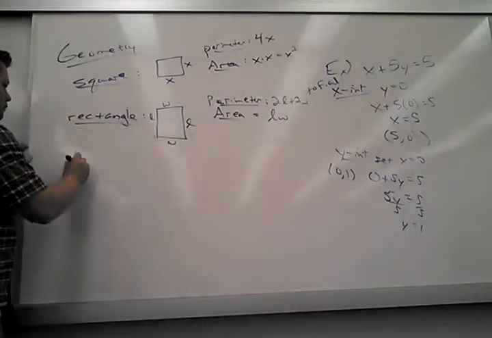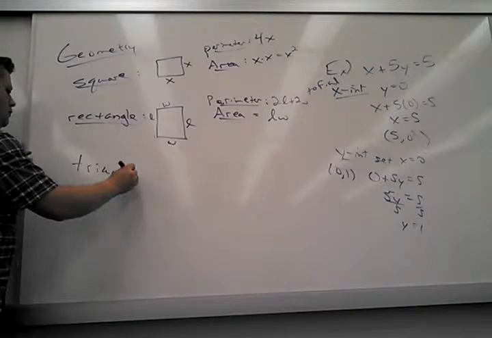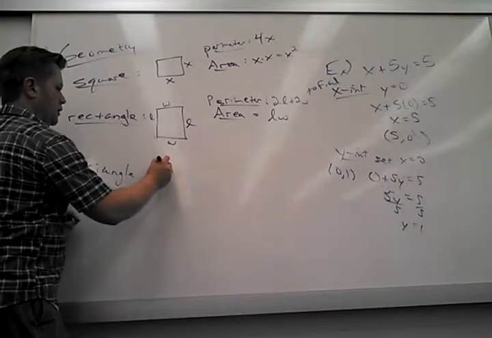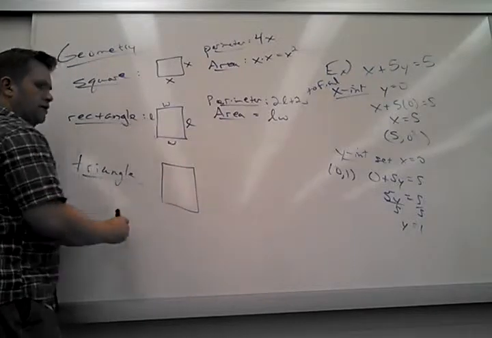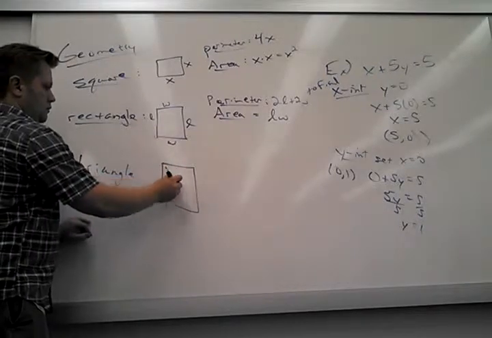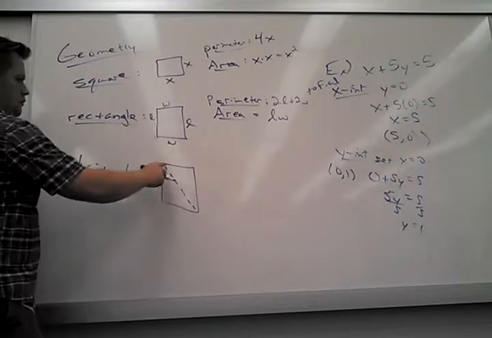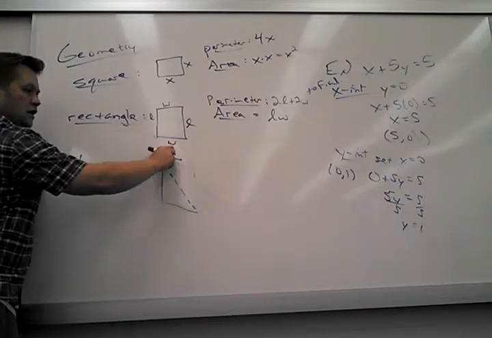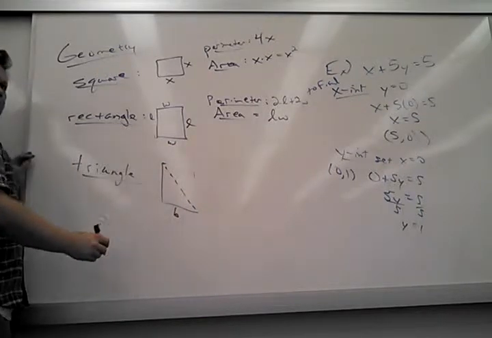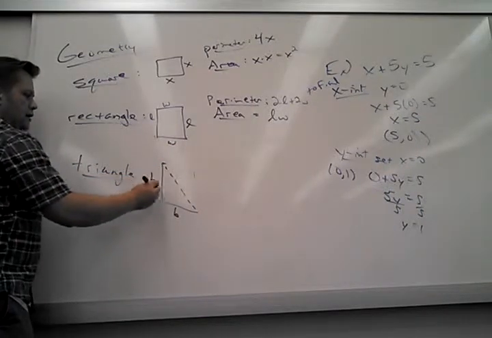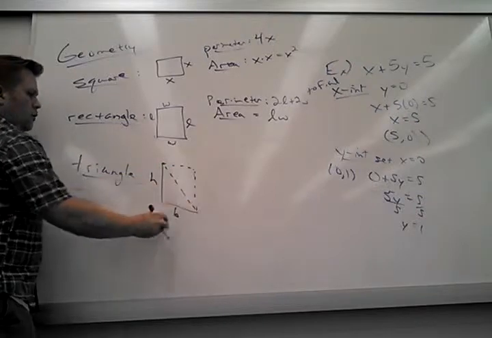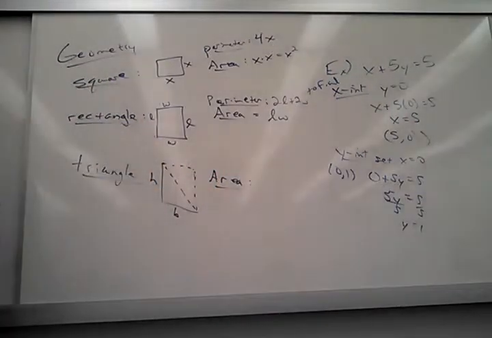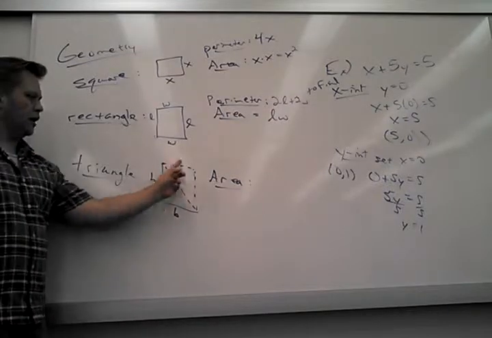What about a triangle? One way I can construct a triangle is to take a rectangle and cut it in half, right? So if I call this, instead of W, the base, and instead of L, the height, what would the area be for that rectangle?